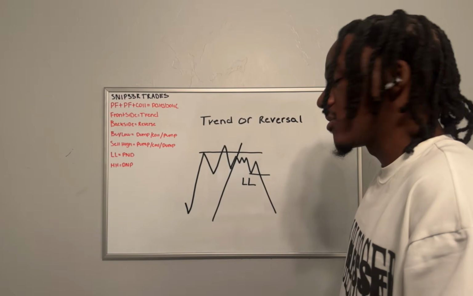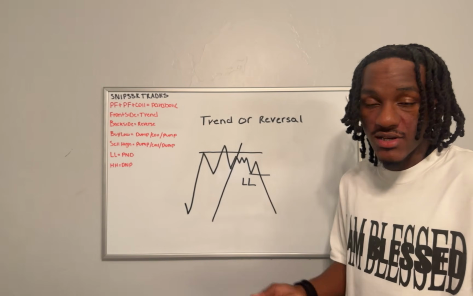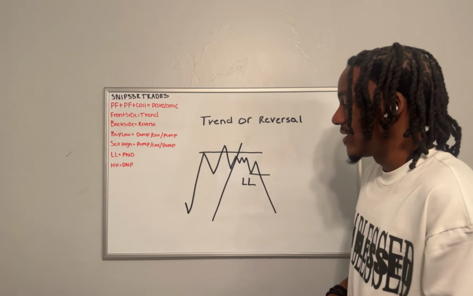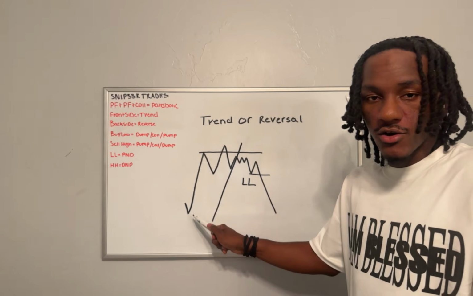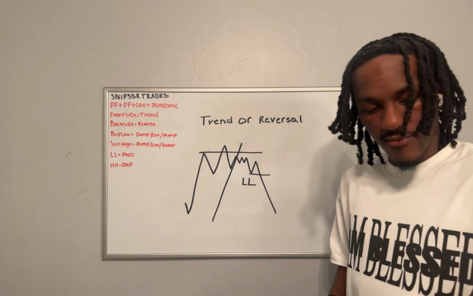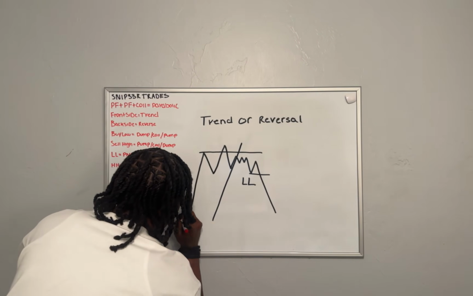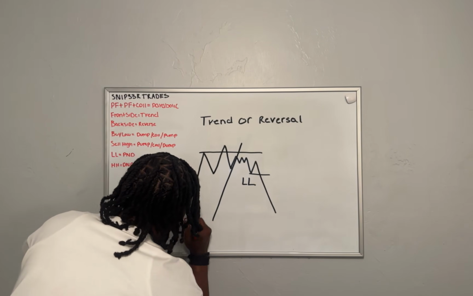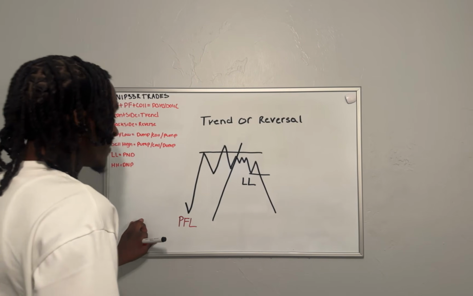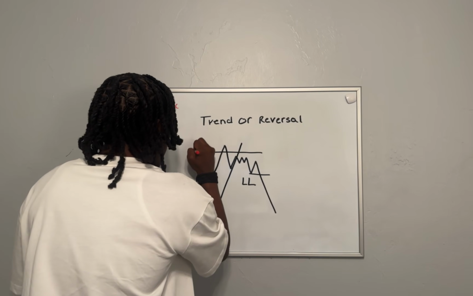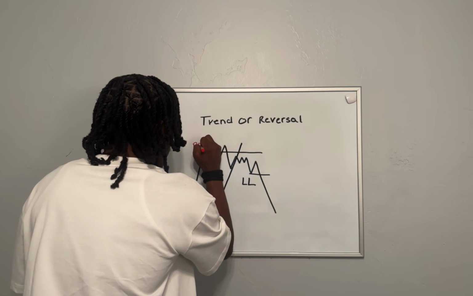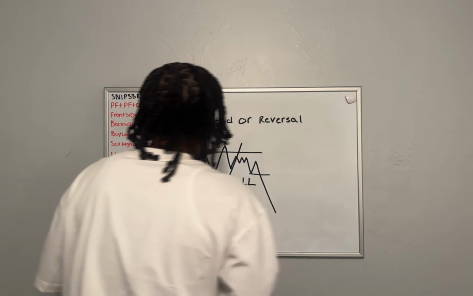Now, just to break this down, let's actually start off with the 3-session variation. Now, this will be my peak formation low, session one, right here. Session two will be my peak formation high.